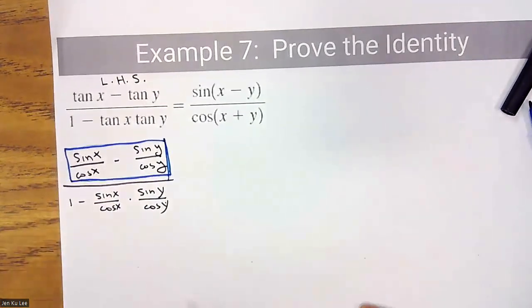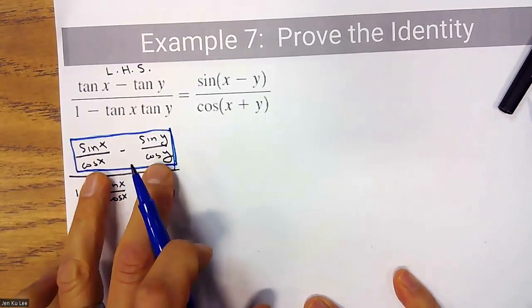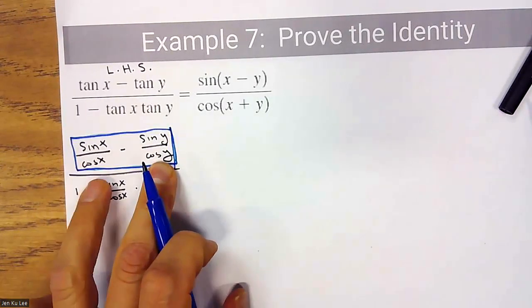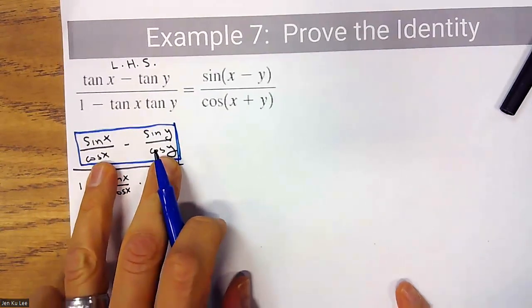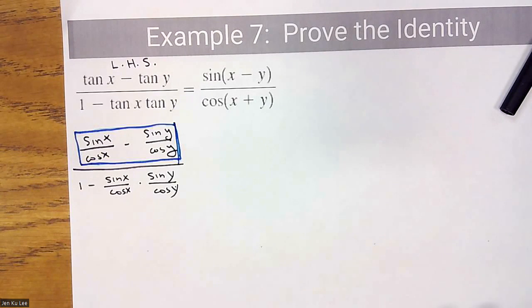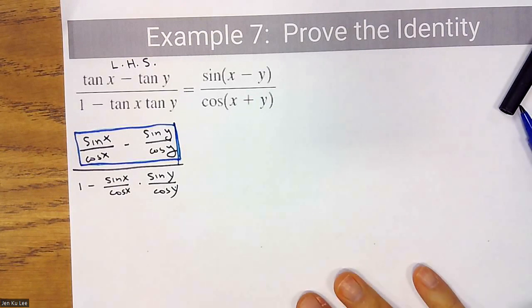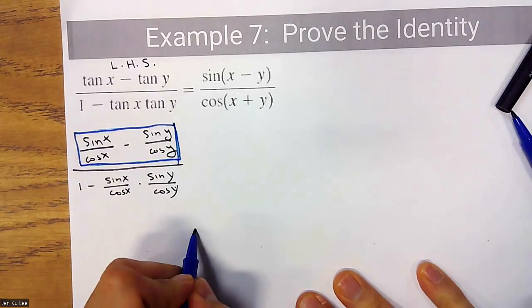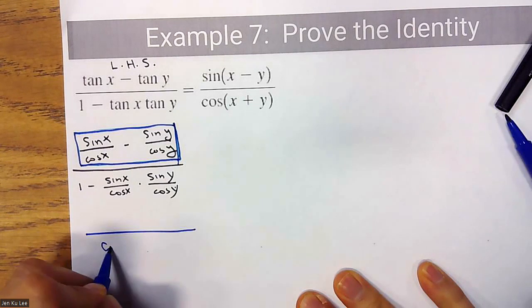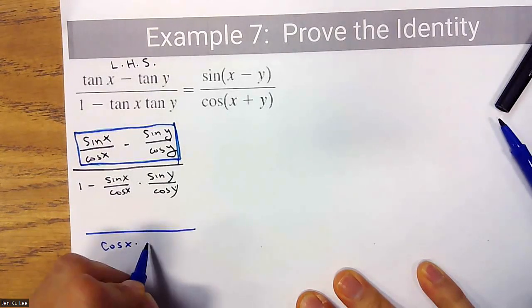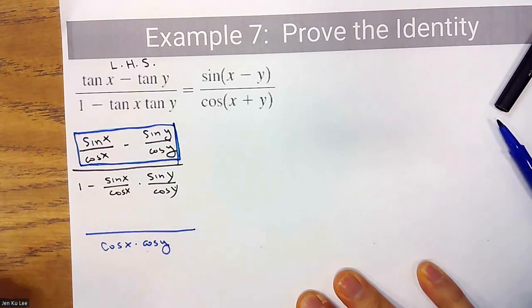So I'm going to get the common denominator between cosine of x and cosine of y. What is the common denominator? Yeah, multiply the two. So cosine of x times cosine of y.